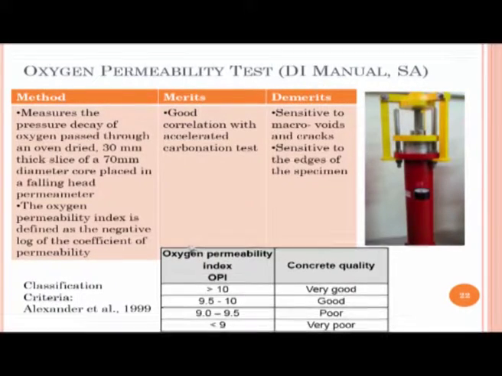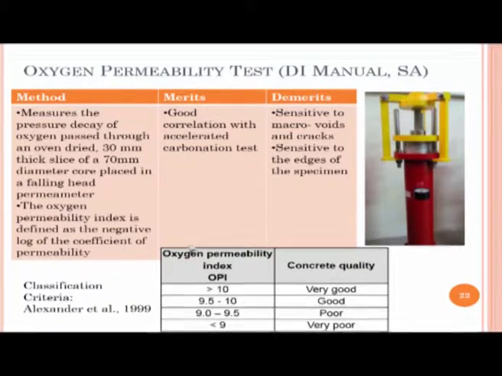Only thing is, here you need to obtain the specimens carefully. So how do you do it? In the case of your water penetration test, you just had the cube specimens, 150 mm cubes. In the case of the oxygen permeability index test, you take a core through your concrete. Maybe I'll come back to that and show you the specimen preparation separately.